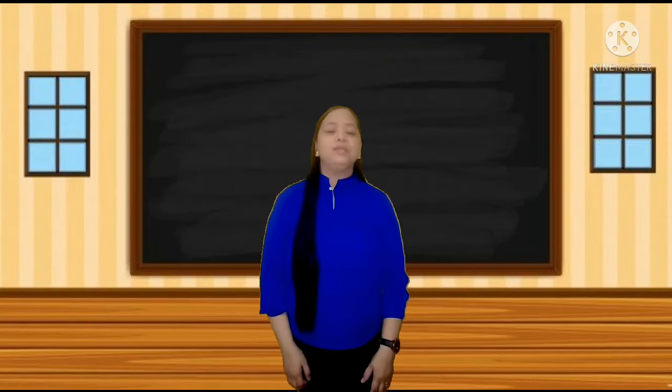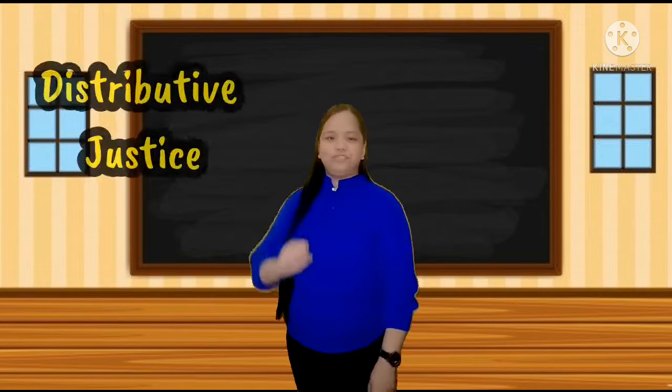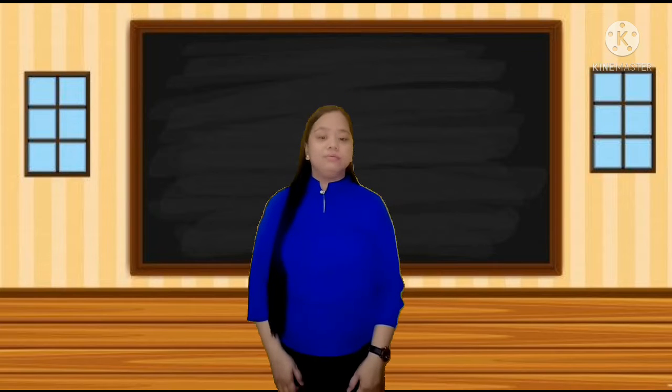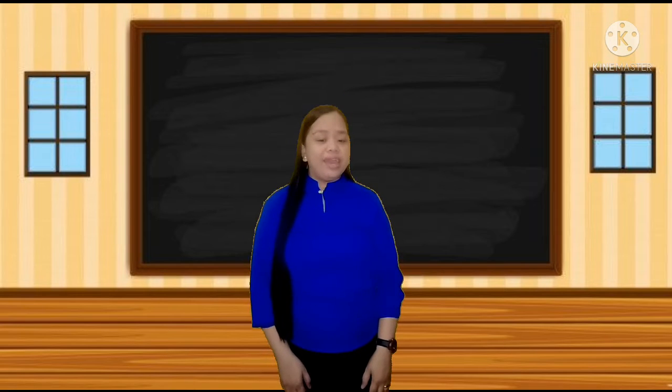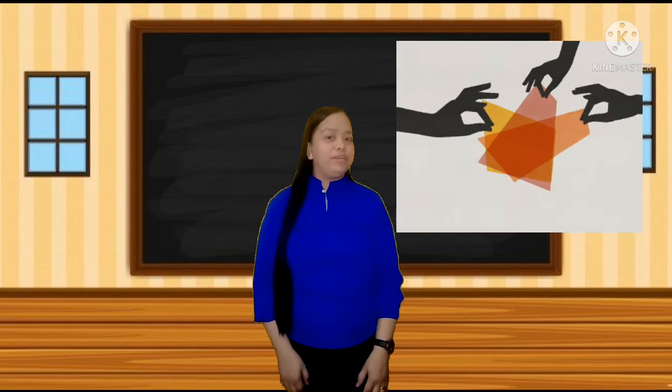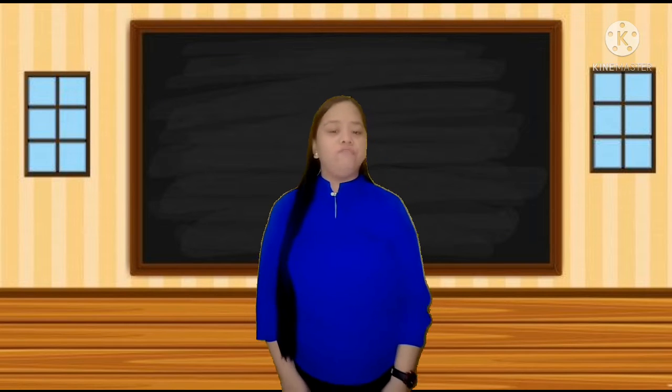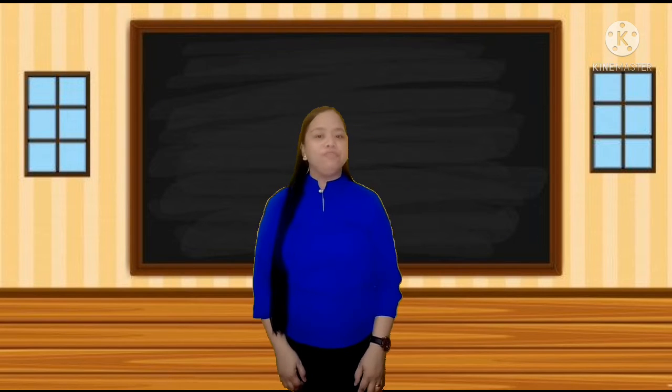My second topic is about distributive justice. According to Aristotle, it's how work, wealth, rights, and so on are shared fairly within the community. It regulates the rights of the person as member of the community.